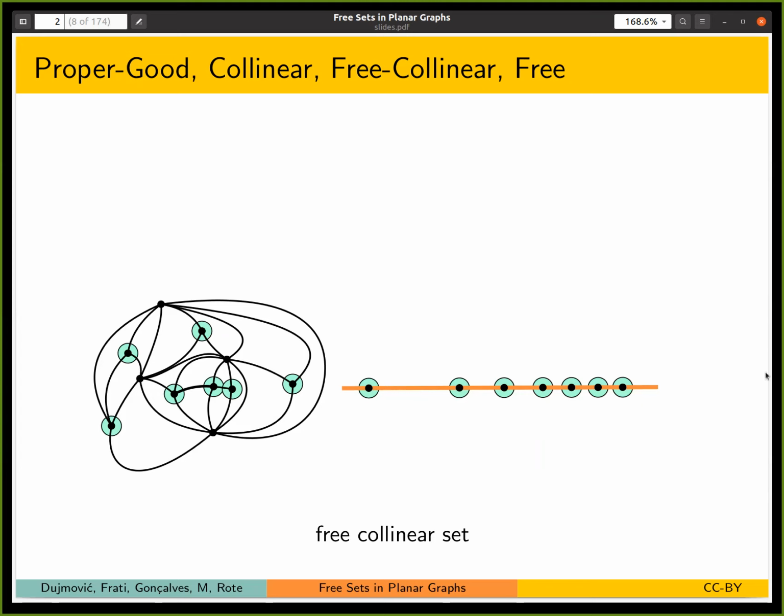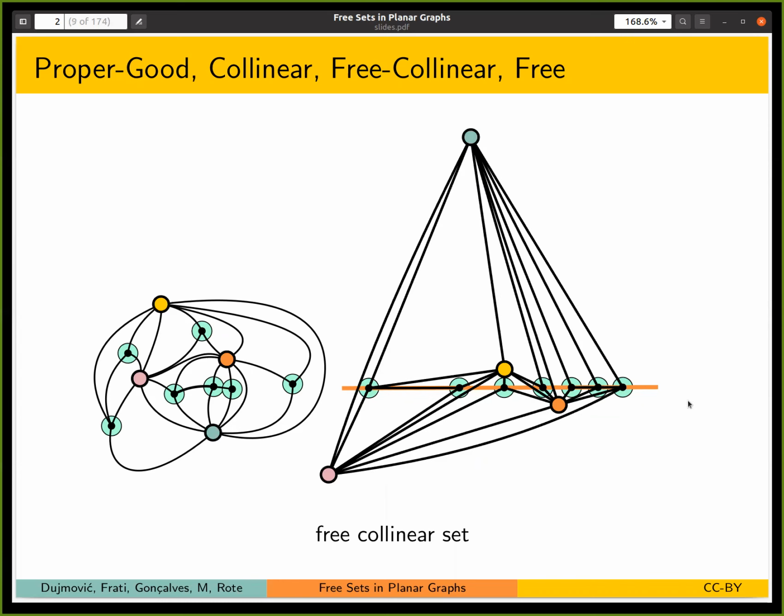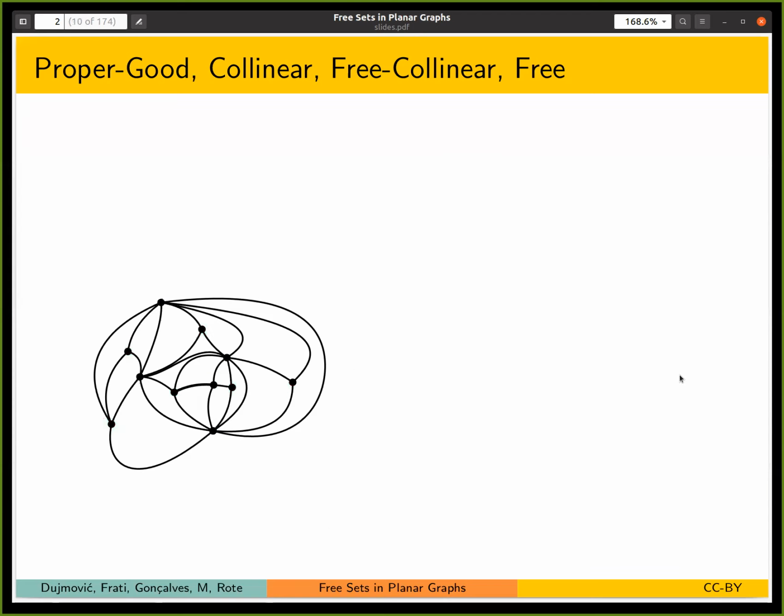Okay. So here, can you draw this graph with those vertices at these locations? And the answer is yes, in this case. And if it's possible to do that for a set of vertices, regardless of the choices of locations that I give you, then that thing is called a free collinear set. So not only do they have to live on a particular line, but they have to go to exactly specific locations.